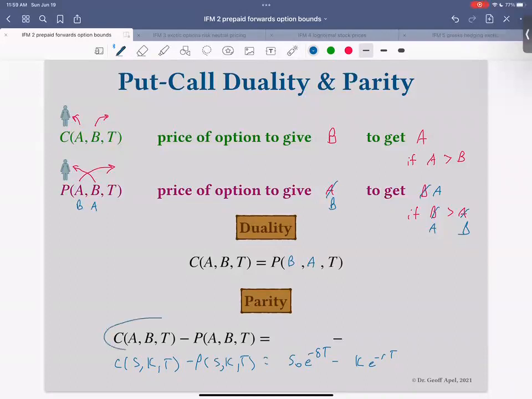I think it's better to be more general and then be able to apply it to this specific case, a stock and a strike. So I'm actually going to remember the prepaid forward of the stock minus the prepaid forward of A minus the prepaid forward of B. To me, this is the better thing to remember.